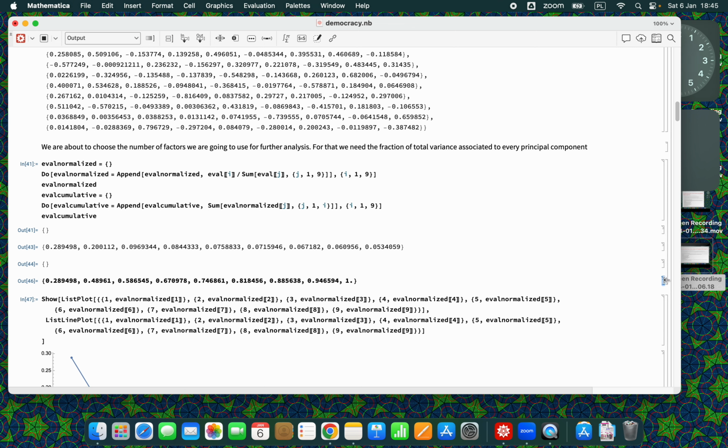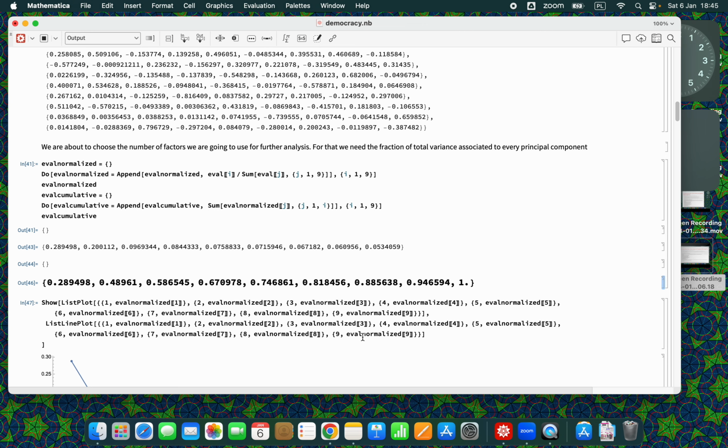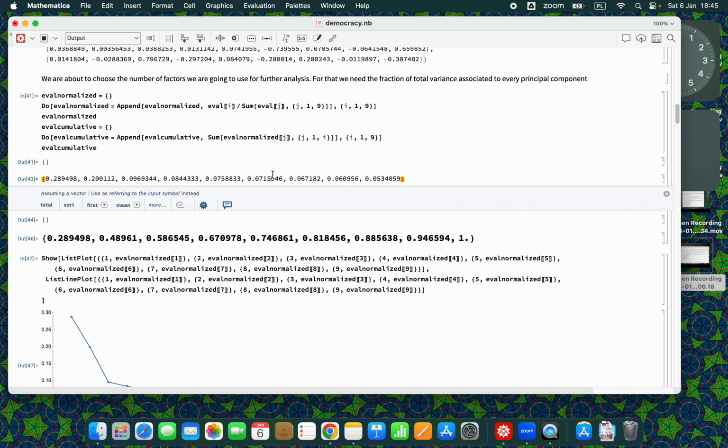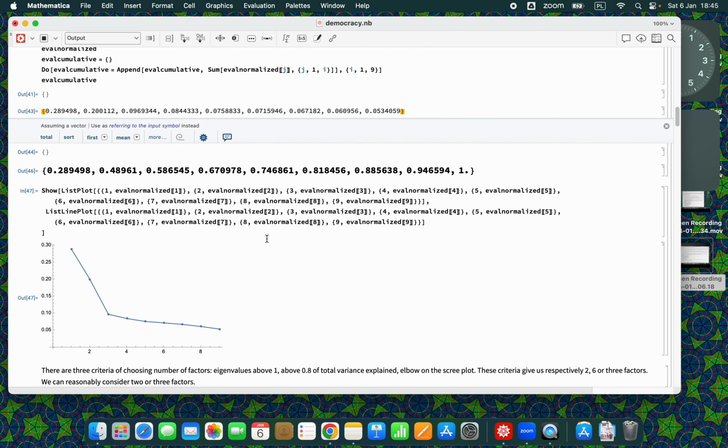For that we calculate the cumulative percentage of variance explained by factors. However, to reach 80%, we will have to use 1, 2, 3, 4, 5, 6 factors, which is definitely too many. So we will probably abandon this particular criterion.